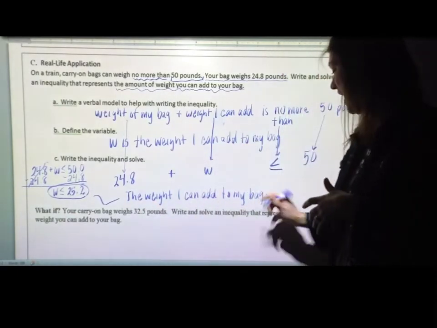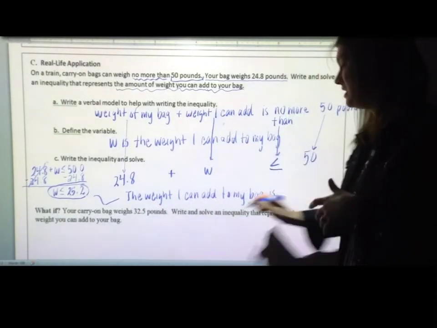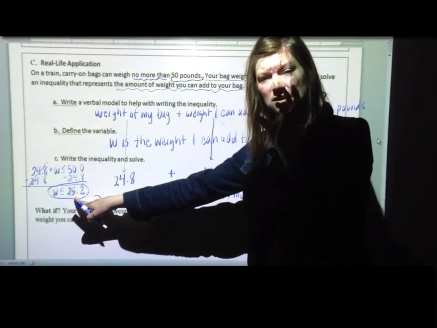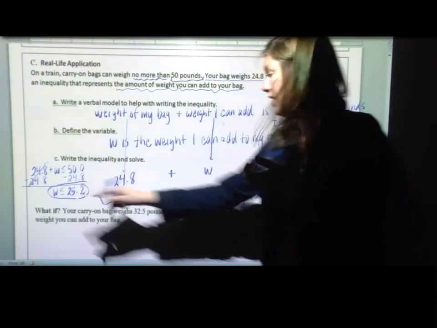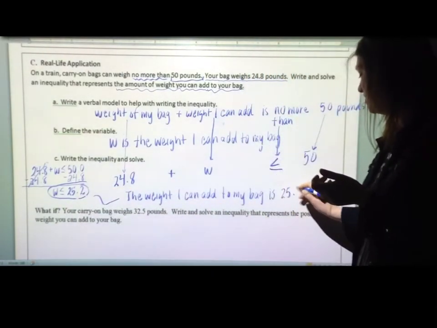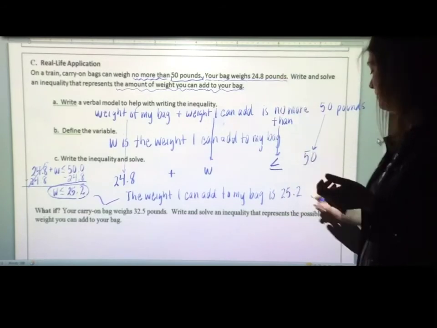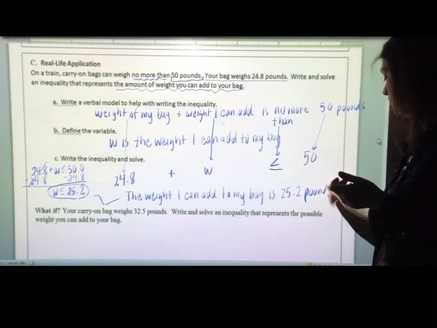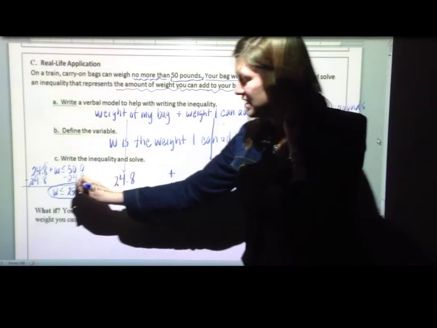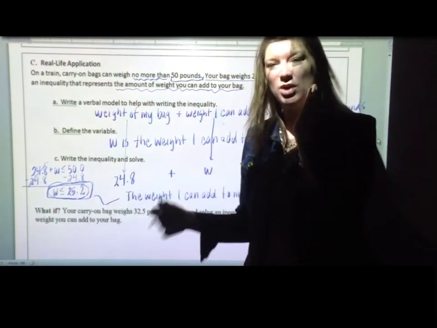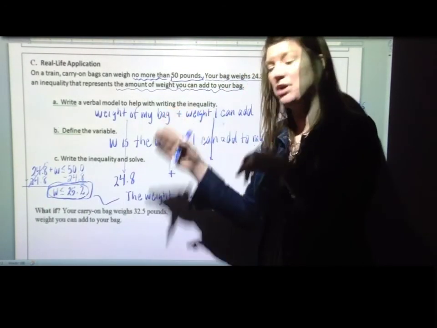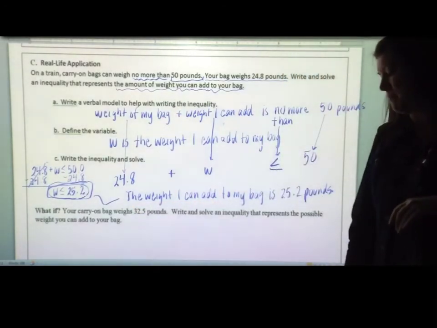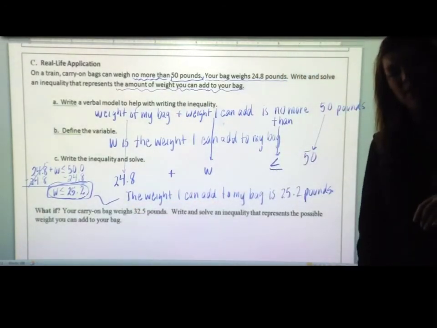So the weight I can add to my bag is, and now you take that boundary point, because that's the maximum you can get, 25 and 2/10, remember the unit, pounds. So now you translate what this simplified inequality actually means according to the prompt, and that is the weight I can add to my bag is 25 and 2/10 of a pound.